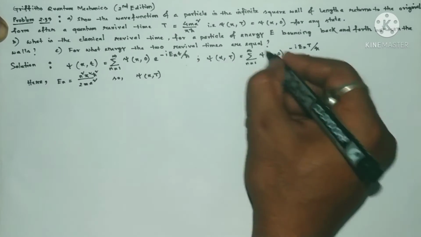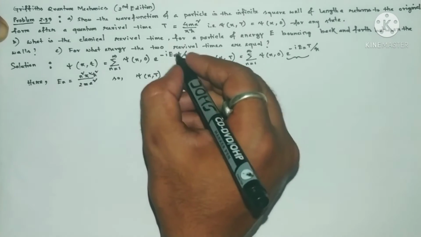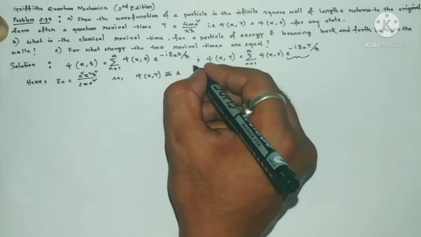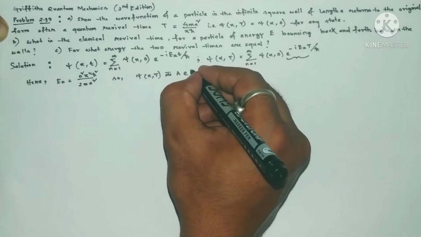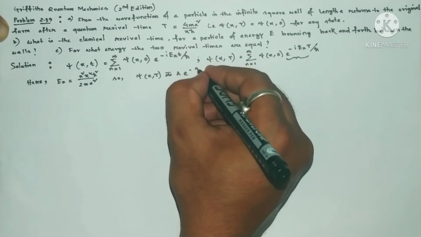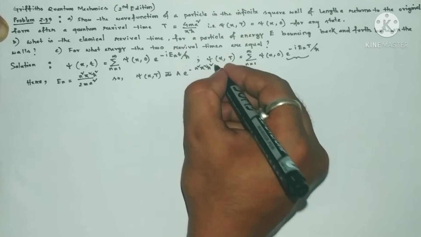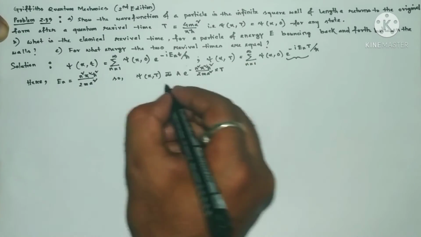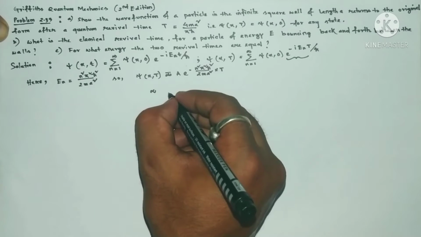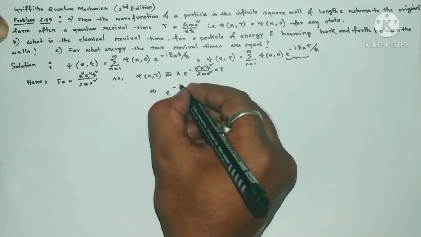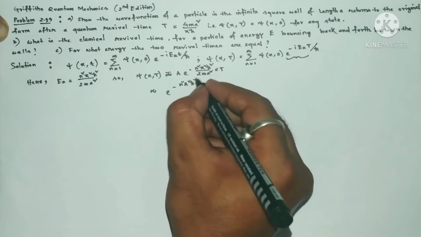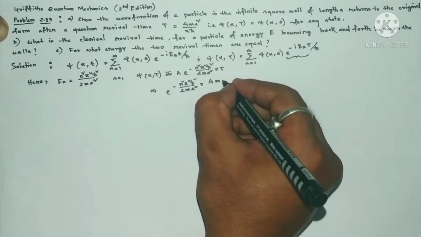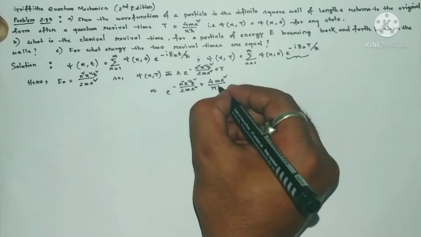We need only this term, so we write it as proportional to some constant times e to the minus i E_n, that is n²π²ħ²/(2ma²), times T, where T is 4ma²/(πħ).